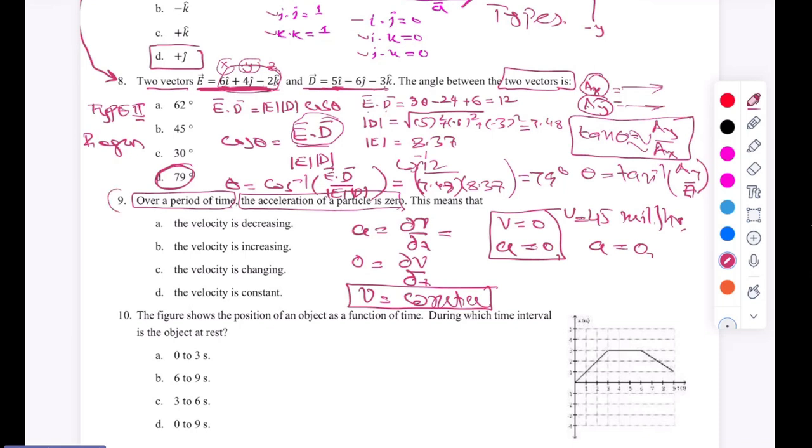So if velocity is constant, it means the acceleration is 0. The derivative of the velocity is 0 because it's a constant number. Getting my point?